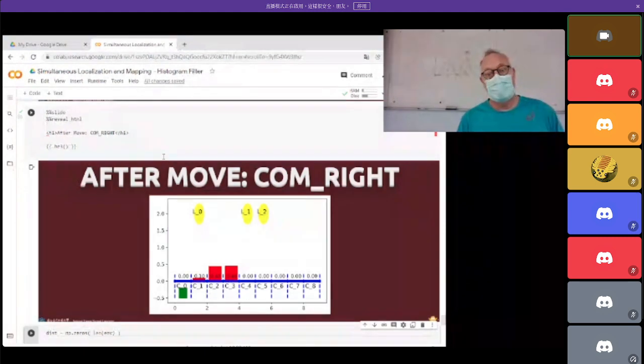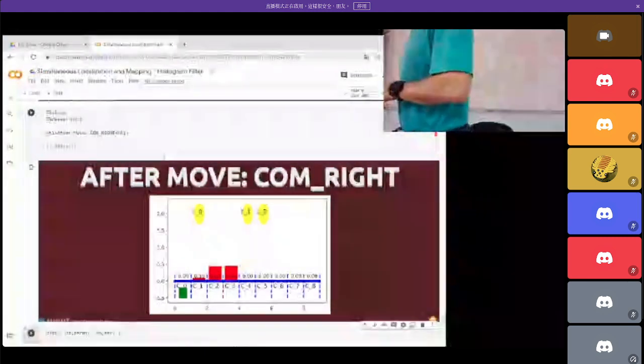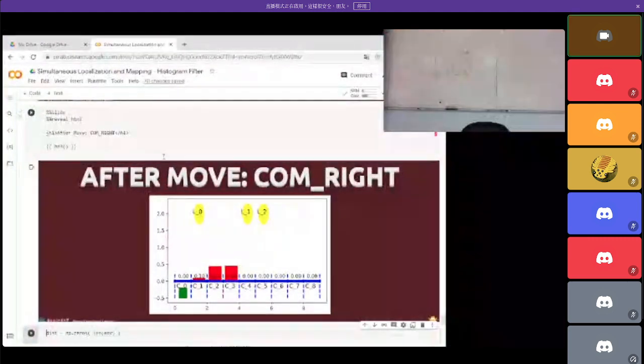Okay, so now it looks like this. We move, and for the different positions that we have, we move one slot or two slots to the right. And if we started here, that was the most likely one, then I would end up there.